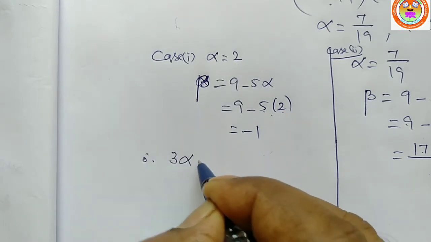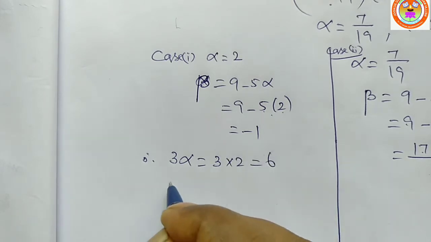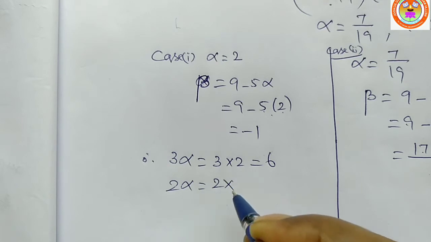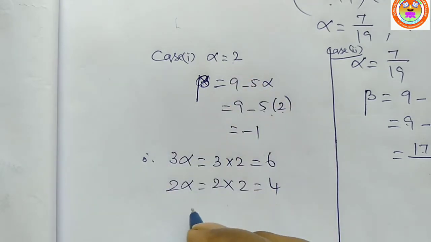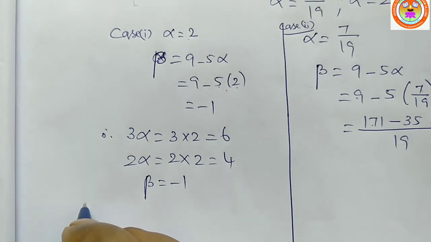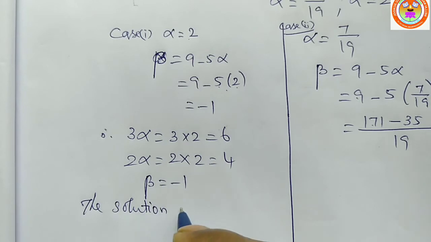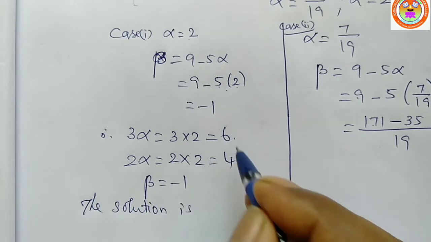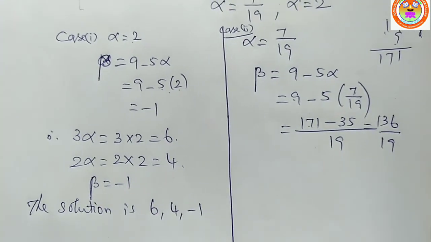Therefore, 3 alpha means 3 into 2, that is 6. Then 2 alpha, that is 2 into 2. So 2 2s are 4. Then we have beta. Beta is minus 1. Therefore, the required roots, or the solution, is 6, 4 and minus 1.